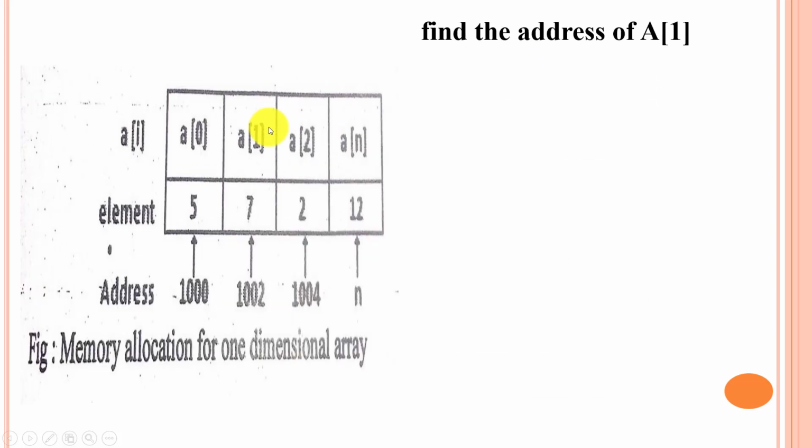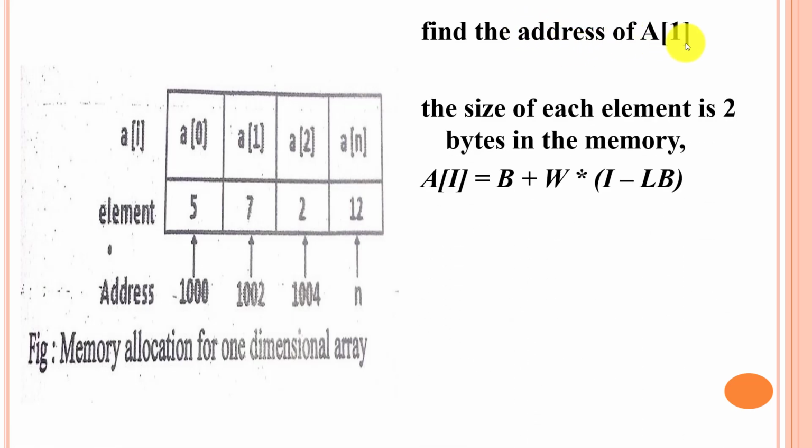Let's solve one more example. Suppose I want to find the address of A of 1. If I apply the same formula, B is the base address, 1000, plus W, the weight. Here each element is 2 bytes, multiplied by, in brackets, the index, that is A of 1, so we write 1 minus the lower bound, which is always 0.